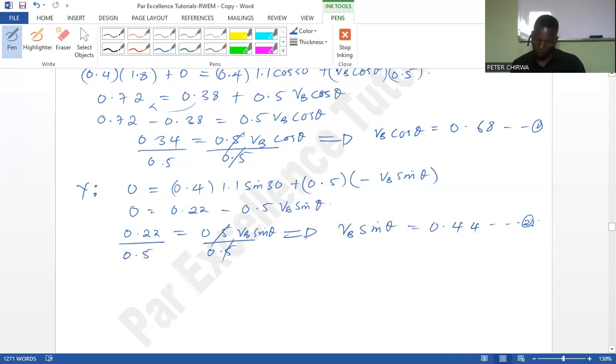Now, having those two equations, I divide equation 2 by equation 1. What we're going to have is VB sine theta over VB cos theta equal to 0.44 over 0.68.